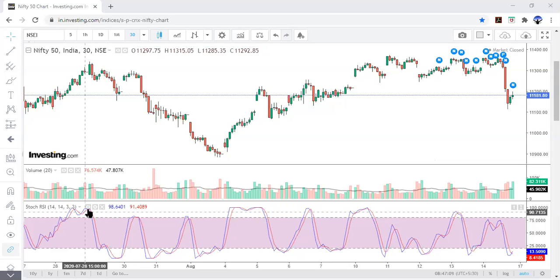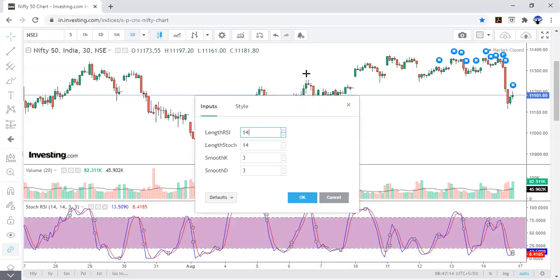Same here. I am opening the settings of that indicator. That is the length, meaning the period we use.